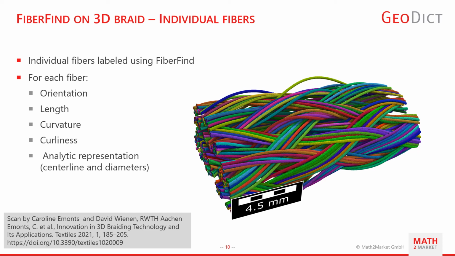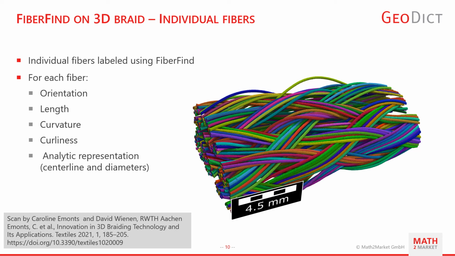And for each of these fibers, we now have available the orientation, the length, the curvature, the curliness, and a kind of analytic representation actually. You can think of it as a kind of CAD model of that CT scan, where we have the center lines of the fibers, and at each point of the center line we also have the diameter of the fiber.